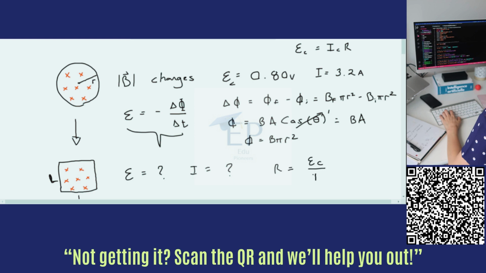We'll have R equals E sub C over I sub C. So we're just dividing 0.8 volts by 3.2 amps. And we will have our resistance, which ends up being 0.25 ohms.